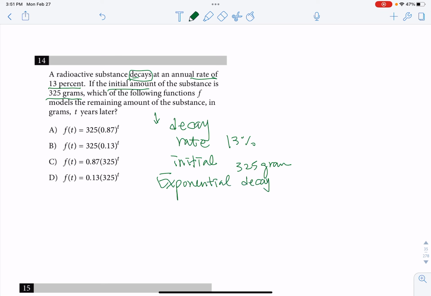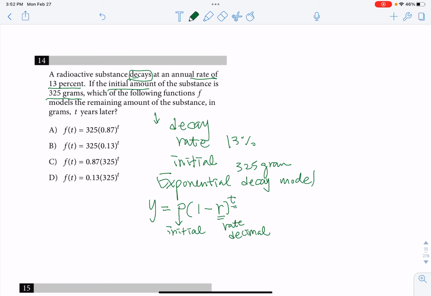So y equal to, I will say, P times 1 minus R to the T power is an exponential decay model. P represents the initial amount, R represents the rate as a decimal, and then the time.